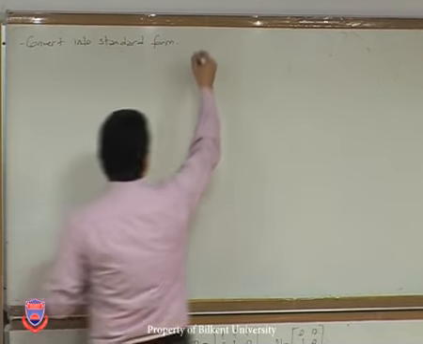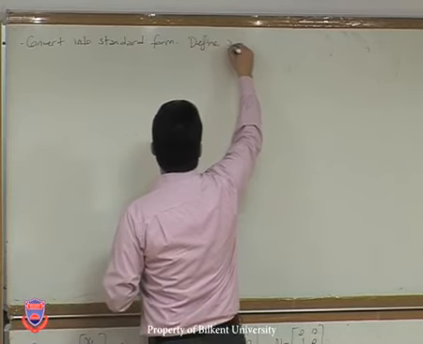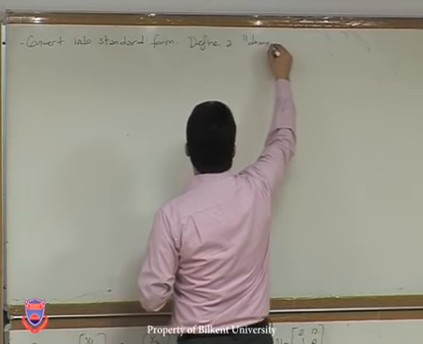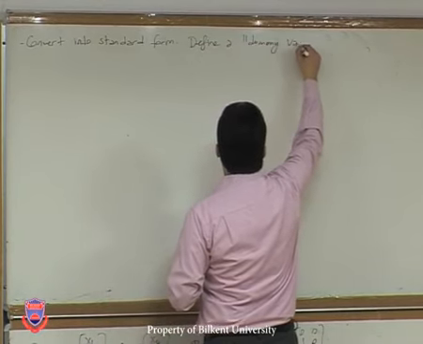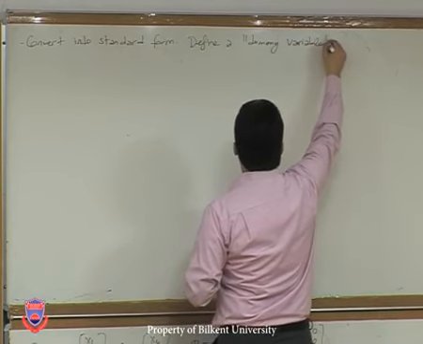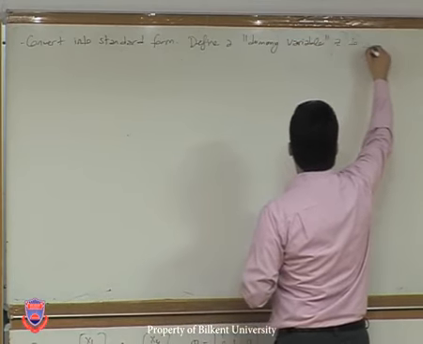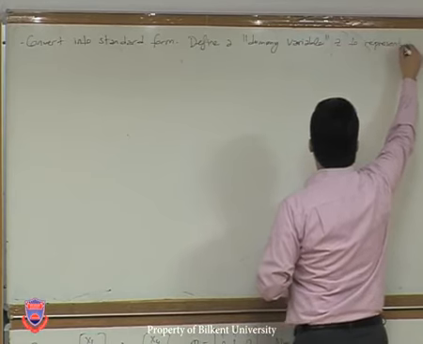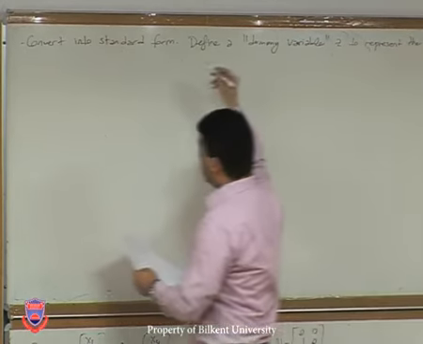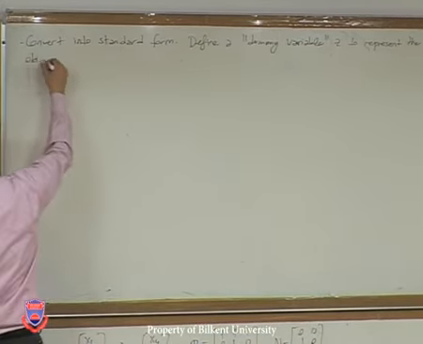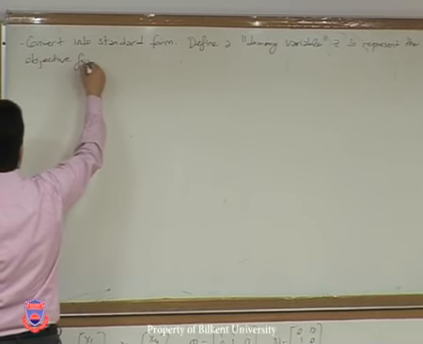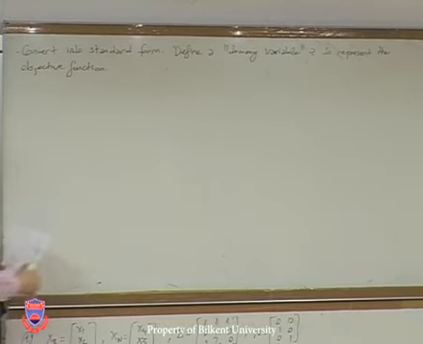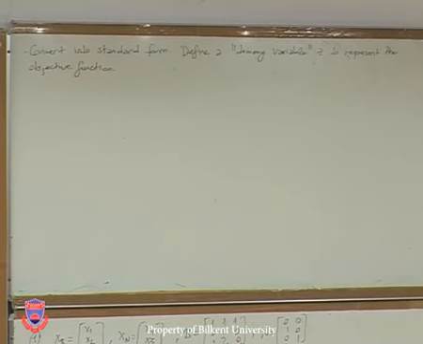And we will also define a so-called dummy variable, which I'm going to call z, to represent the objective function. So dummy variable basically means there's something that does not really have a role in some sense, okay?